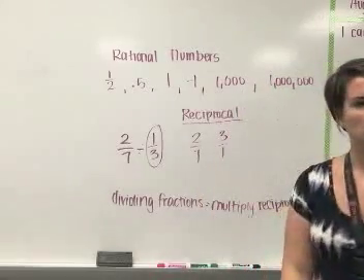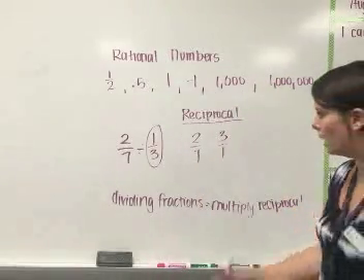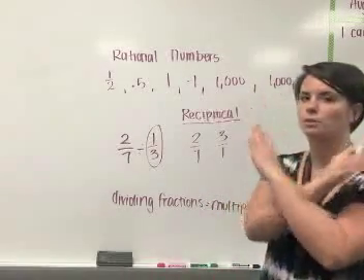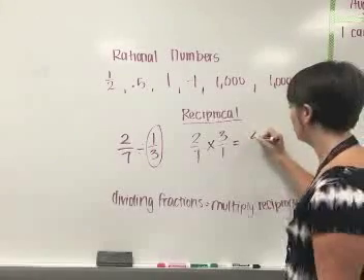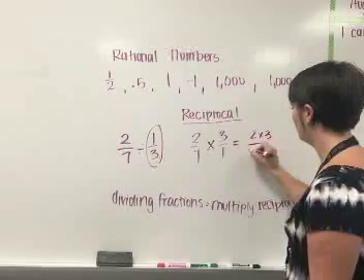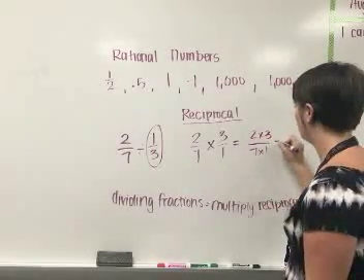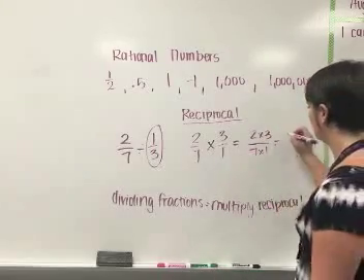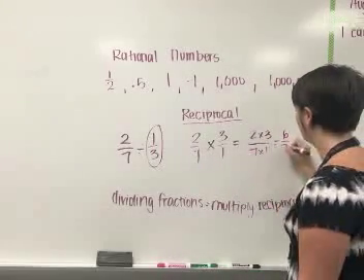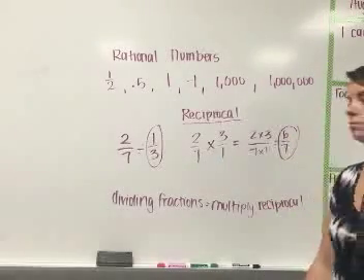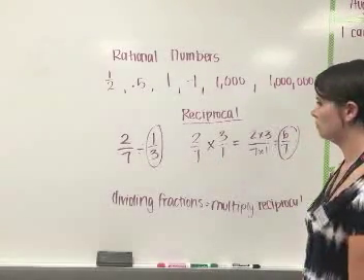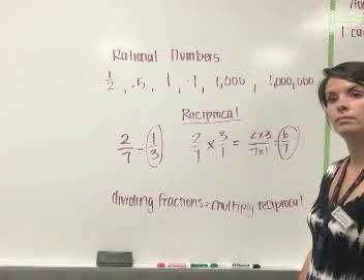Now, do I multiply or do I divide? We know, multiply, right? That also looks like 2 times 3 over 7 times 1. What's 2 times 3? 6. What's 7 times 1? 7. Our answer would be 6/7, okay? Everybody got that?